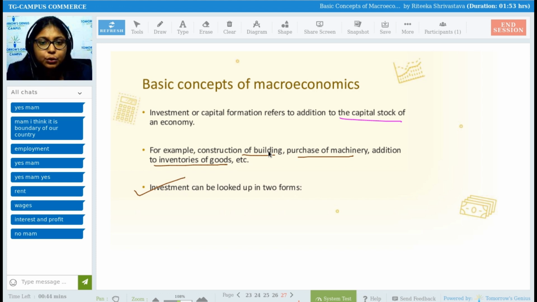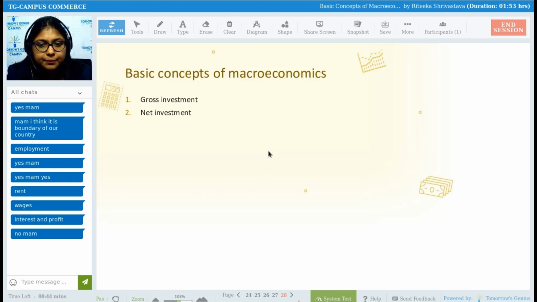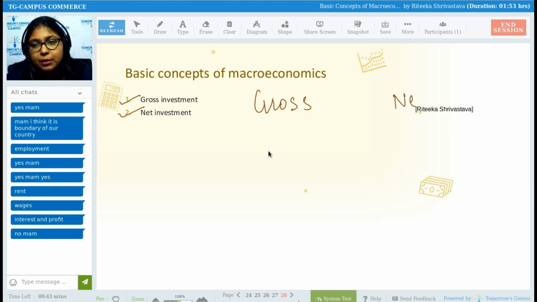Investment can be looked at in two forms, basically gross investment and net investment. Very important. Investment can be of two types. It can be a gross investment, it can be a net investment. Before moving towards the terms gross investment and net investment, let us understand what we mean by gross and what we mean by net.